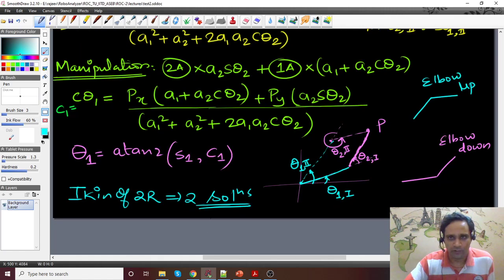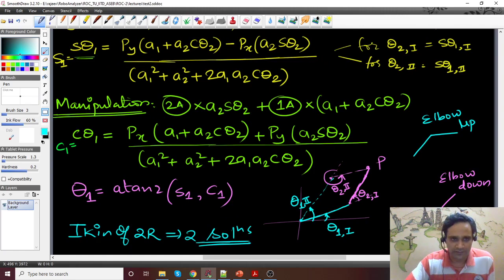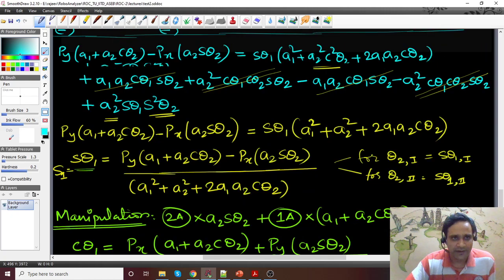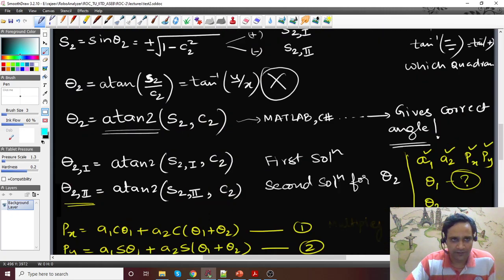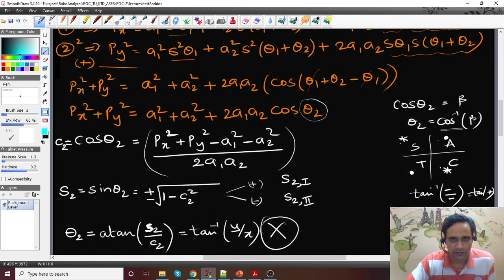Now one word of caution here is, when we find the value of cos theta 2, this C2 value, the magnitude of C2 should be less than or equal to 1, because a cos value can't be more than 1.